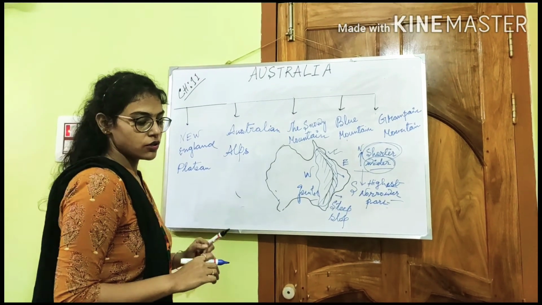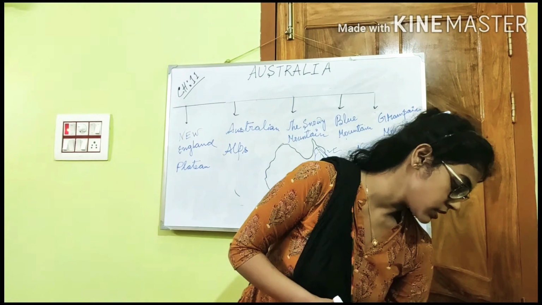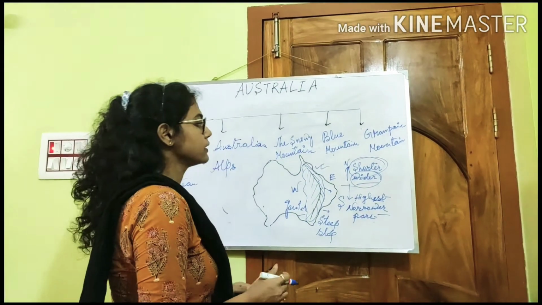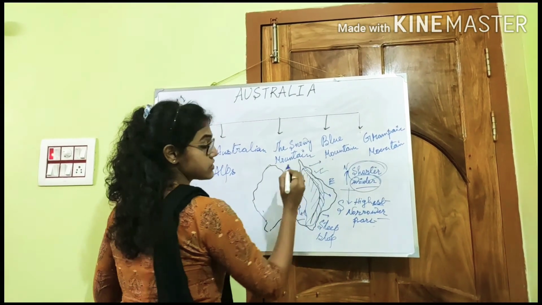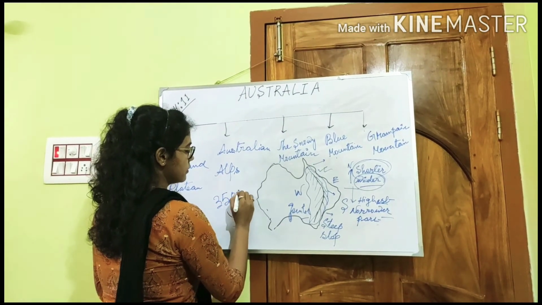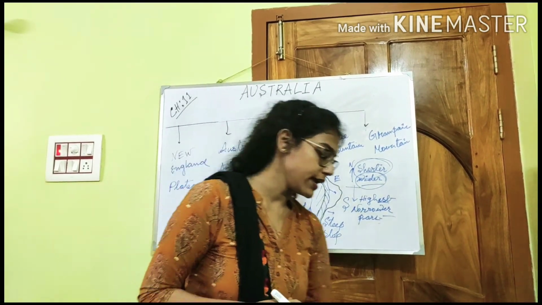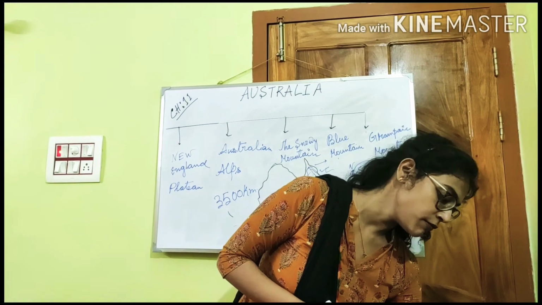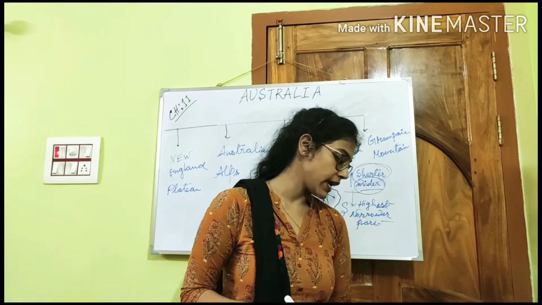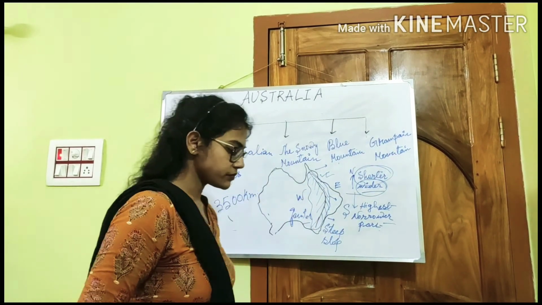Now I will go to the Eastern Highland divisions, and pictures of these will also come. This extension is 3500 kilometers.